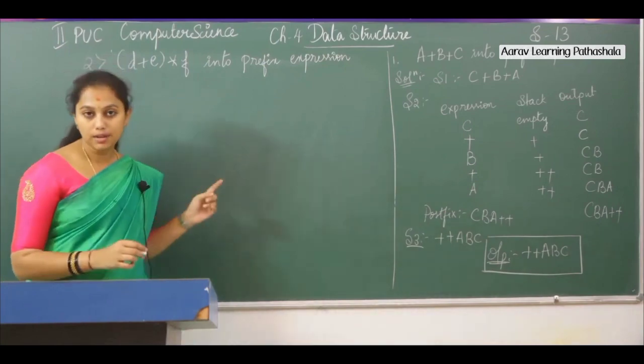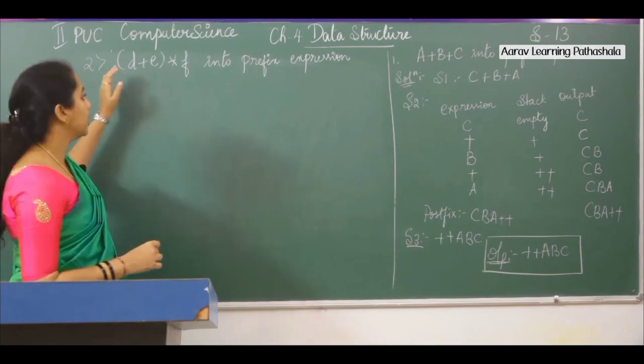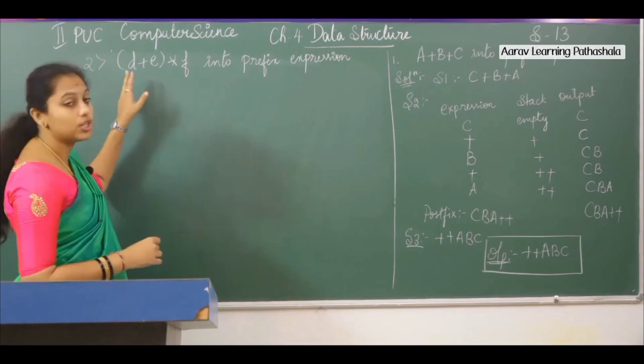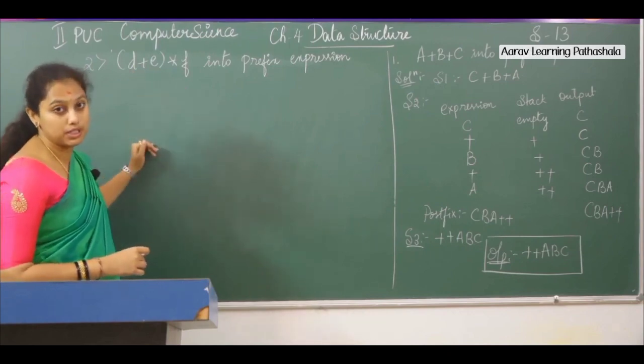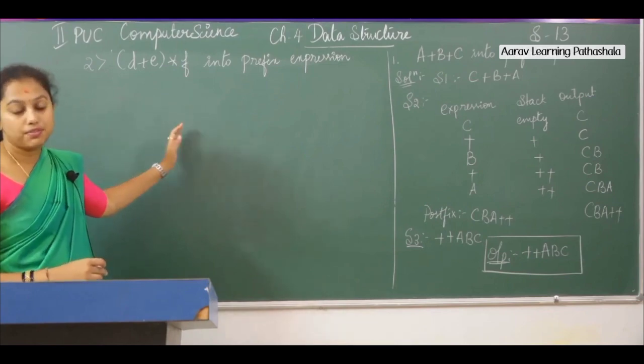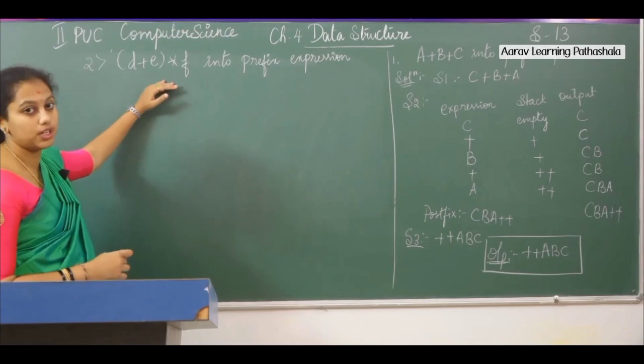The first step, we have to reverse the given infix expression. So here we have left and right parenthesis. So we have to interchange these two while reversing. First we have to reverse the given infix expression.